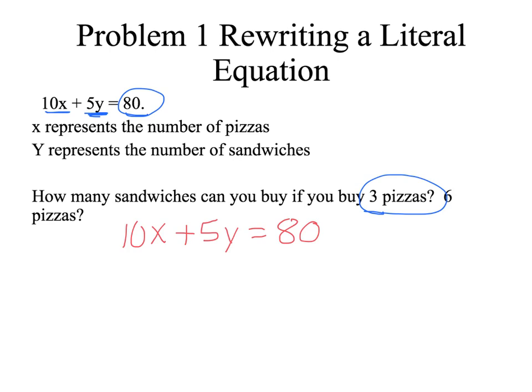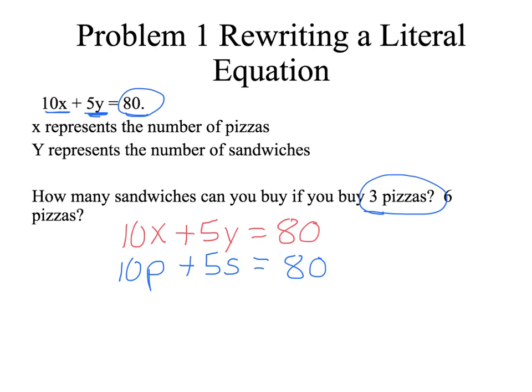Now, I'm going to take the same equation, but I'm going to use S and P for sandwiches and pizzas because to me it just is a lot easier. So if x represents pizzas, I'm going to make this 10P plus, and then y represents sandwiches, 5S equals 80.